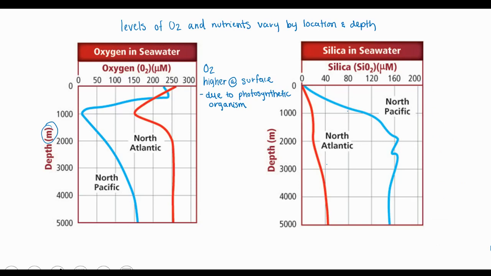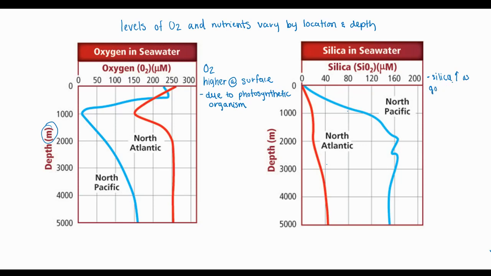Now, silica is one of the nutrients you're looking at, and organisms, like I mentioned earlier, use it to make shells. You can see that the levels of silica increase as we go down in depth, particularly in the North Pacific. The reason is that when organisms die, they sink.